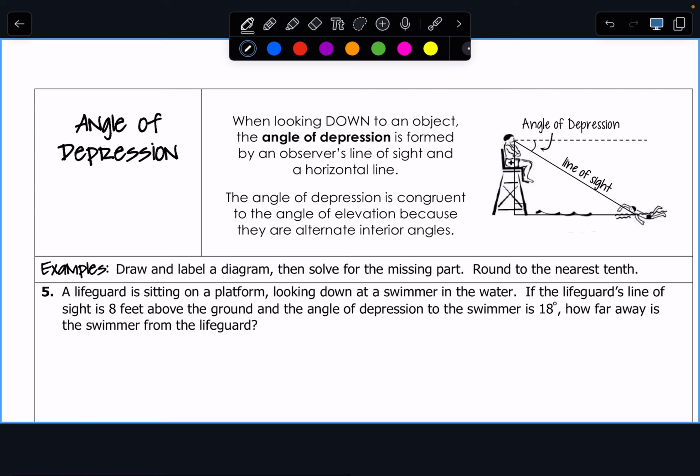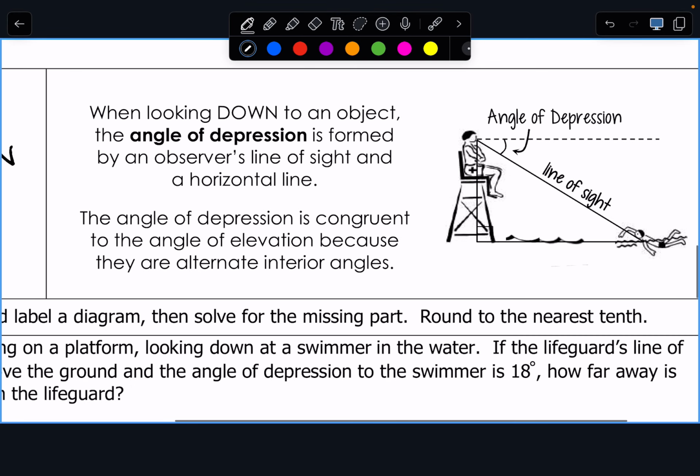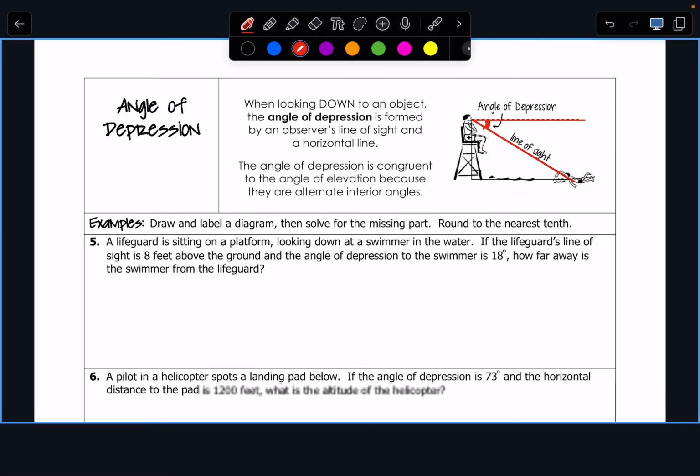You can see that this lifeguard would normally be looking this way, but is looking down. So here is our angle of depression. I have a lot of people who mix up where this goes. So when we draw this next picture, I really want you to not work ahead, and pay attention.